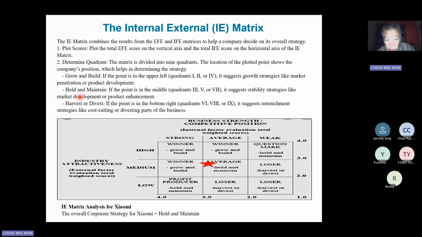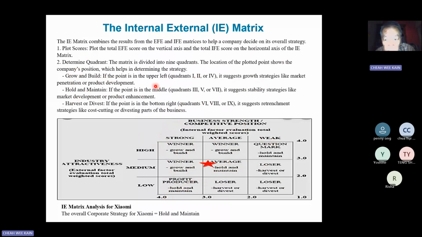But if you are hold and maintain, it will be 3, 5, or 7. You are holding.